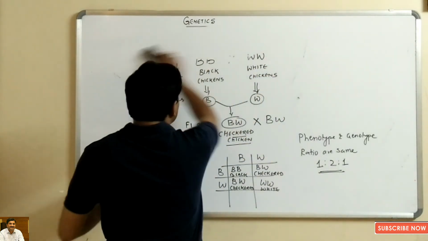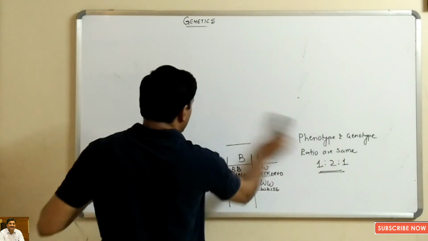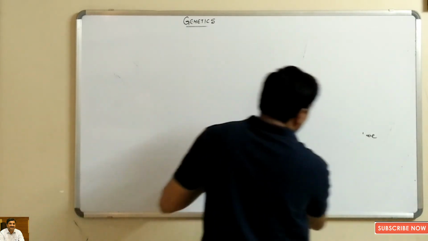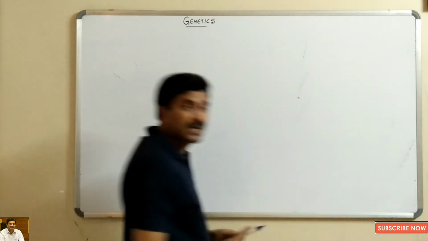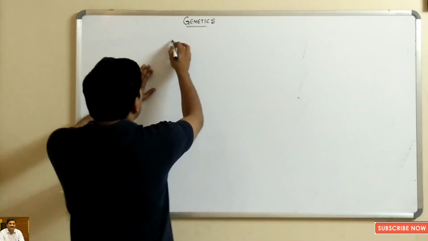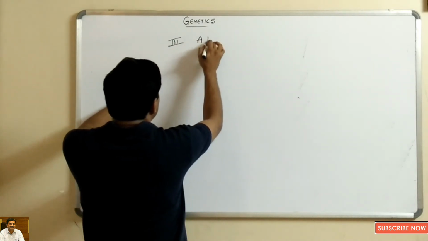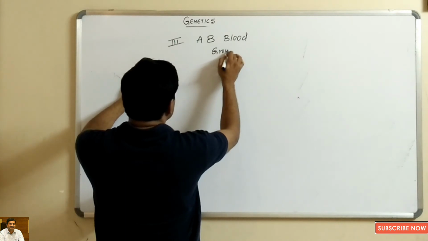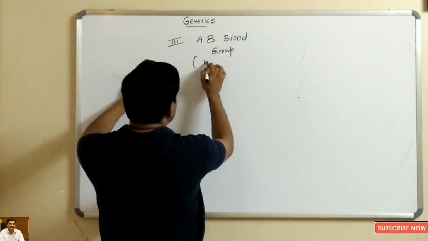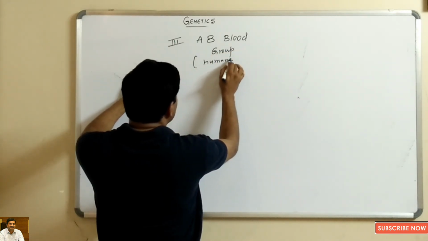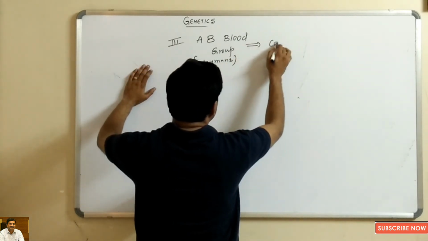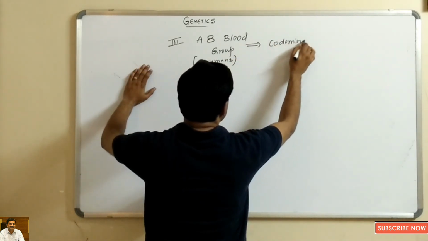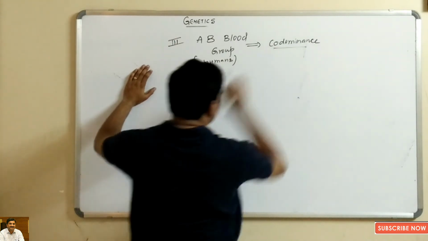Now coming to the third example, which is also important as it is related to us, this example is dedicated to human beings. I am talking about the blood group known as AB blood group. AB blood group found in humans is a very good example of codominance.